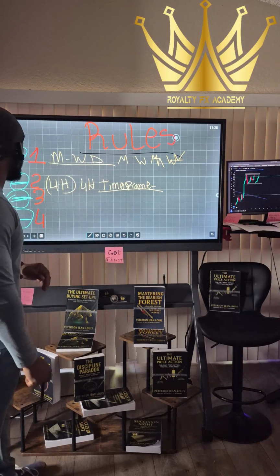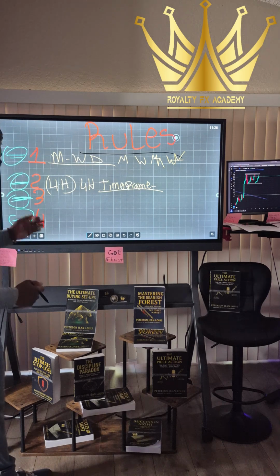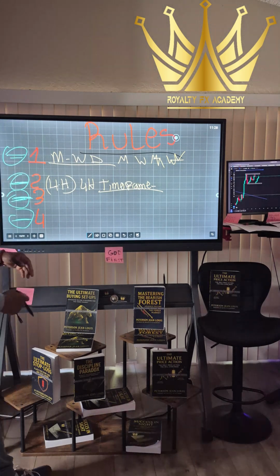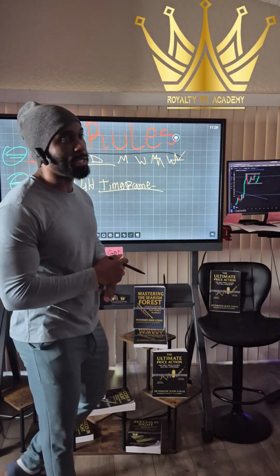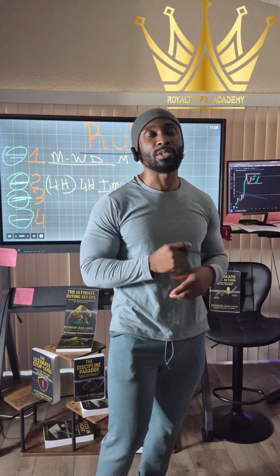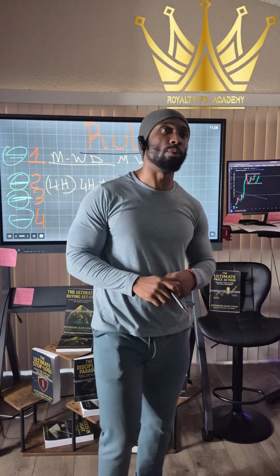Using the 4 hour time frame goes hand in hand with rule number three, which is the price action, the candle combination that tells us buyers have now taken over, or sellers have now taken over. It is now time to pull the trigger.